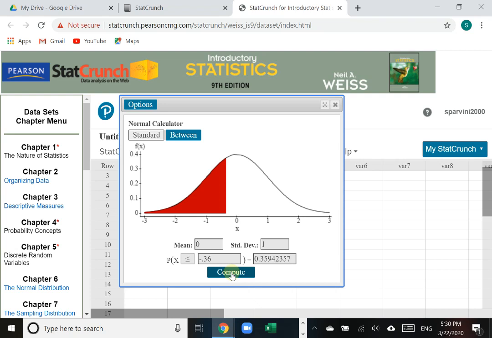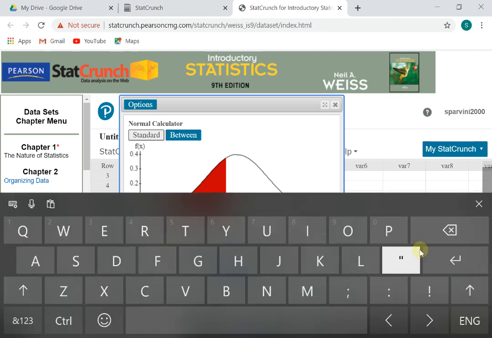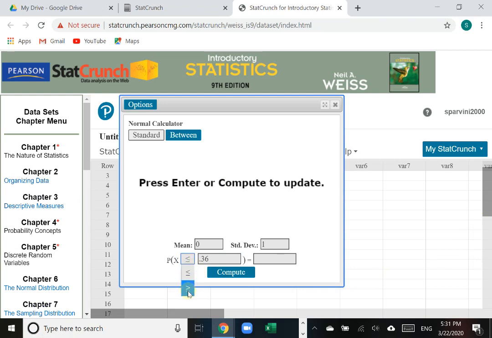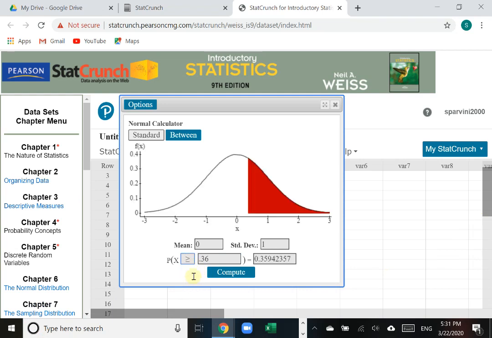That's what we had, 0.3594. And the area above 0.36, we're just gonna change the negative sign to a positive sign and change this to greater than, and you can see exactly the same area, 0.3594.